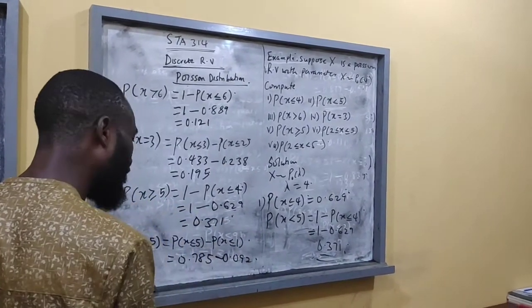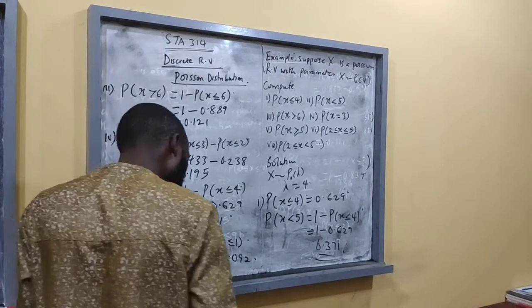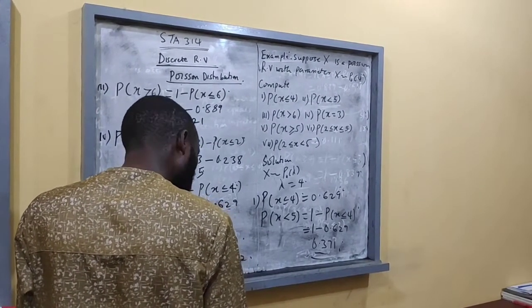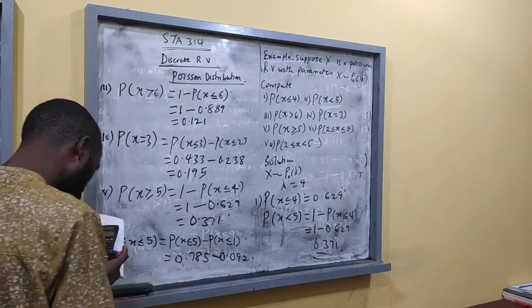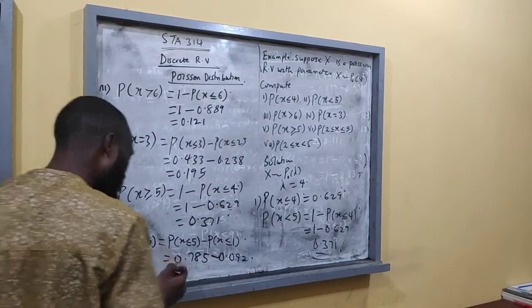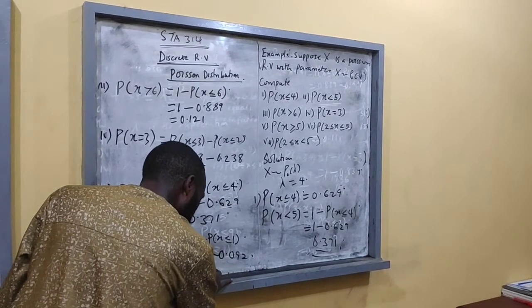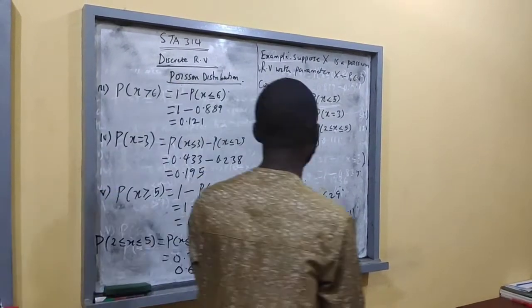If you press your calculator, 0.785 minus 0.092 is 0.693. You get the answer for that.